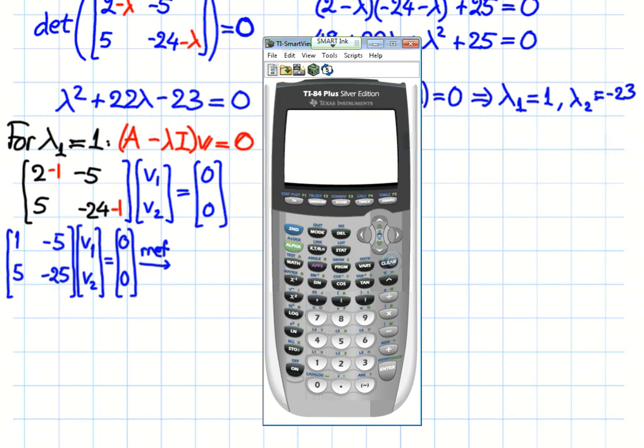If we use the TI-84, then we just do this directly and enter the matrix on the home screen. If we use the TI-83, we have to store the matrix separately. Anyway, 1, negative 5, 0, 0. We can do this by hand easily, but I just want to get familiar with the calculator.